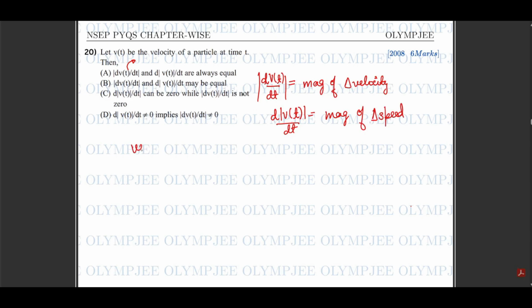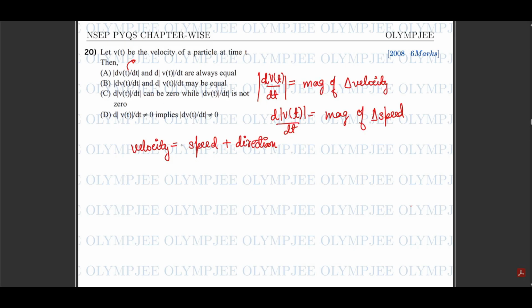So you can think of velocity as speed plus direction. Speed is the magnitude of velocity, and velocity also has a direction in addition to the magnitude, which is speed. So the rate of change of speed and rate of change of velocity are always equal.